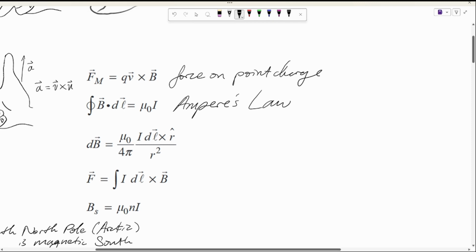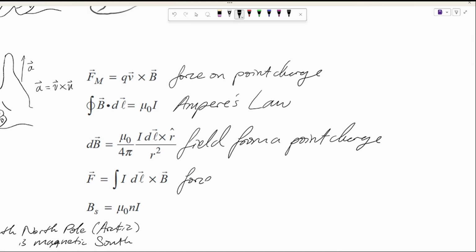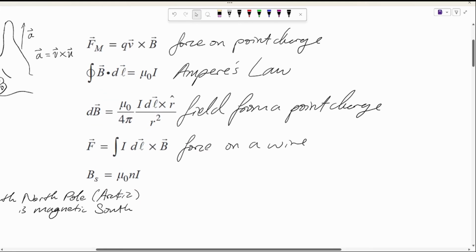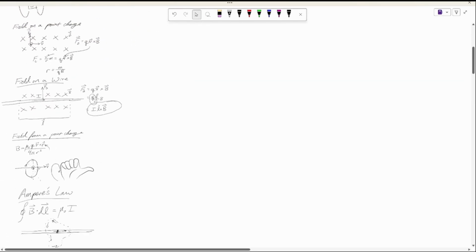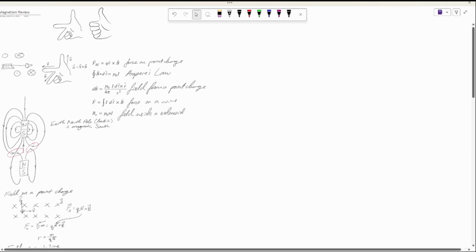This one is field from a point charge. This one is force on a wire. And then this one down here is field inside a solenoid. Alright, so now we've covered all the concepts. Now we're going to do some practice problems. Yay!